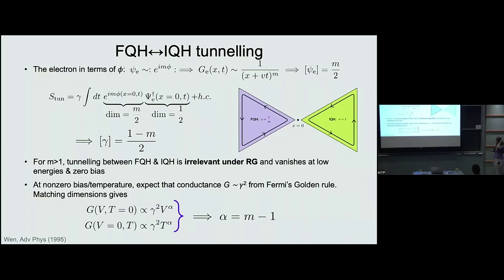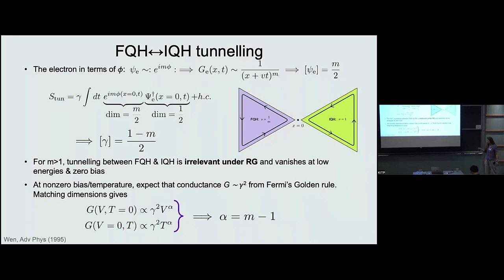So we know that the conductance, just from Fermi's golden rule, should go as gamma squared, gamma being this tunneling coefficient here. And so then just from dimensional analysis, we know that G here has dimension 0. We know what the dimension of gamma is, so what is going to be the coefficient alpha?